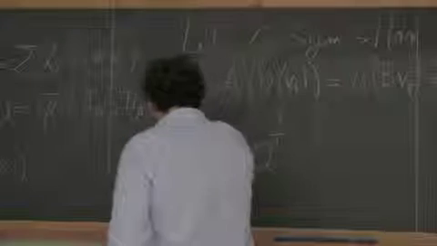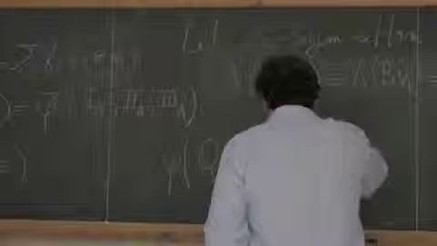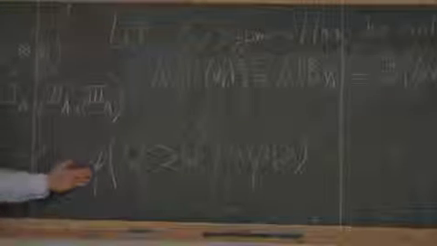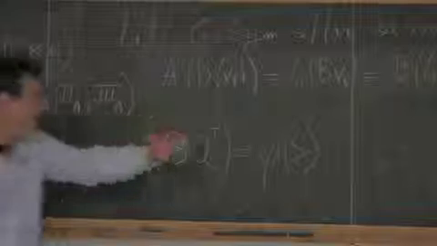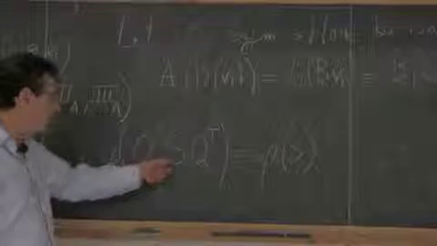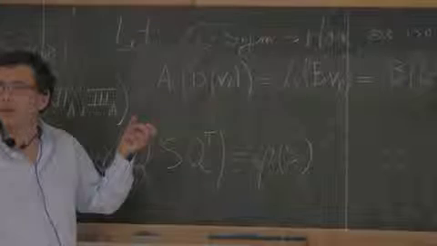We have to represent this is isotropy. Okay? Given S, we need to represent Q as Q transpose.